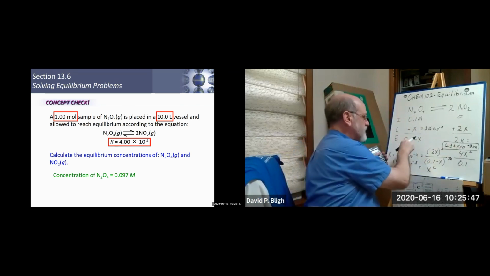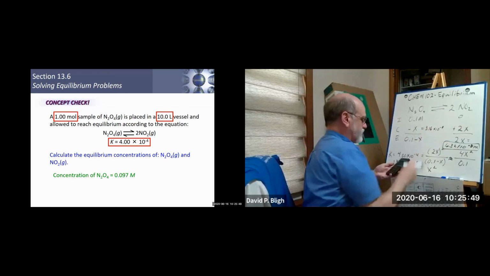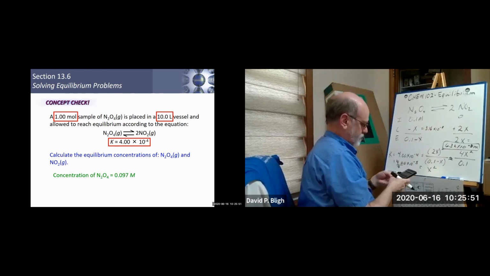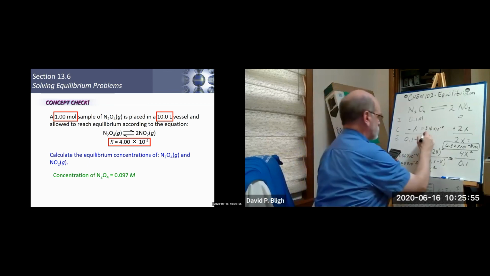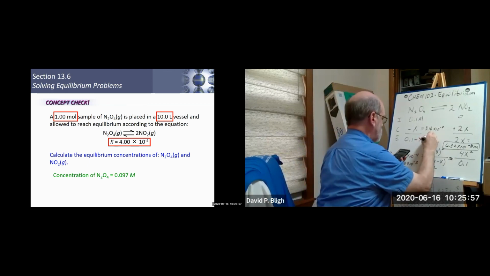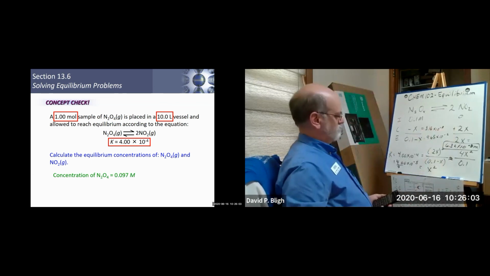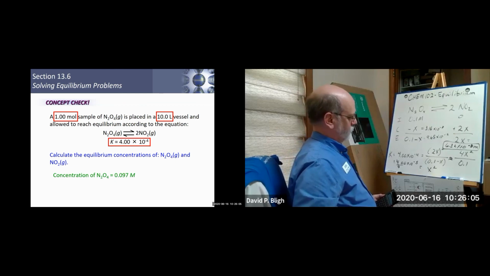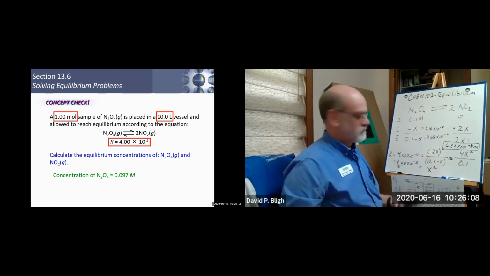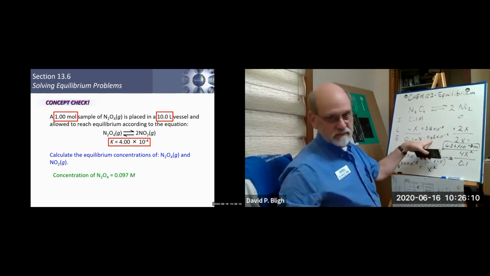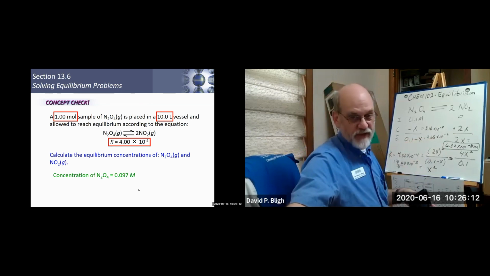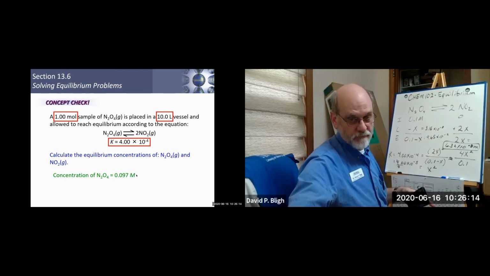So if we take this and subtract that, we get 9.68 times 10 to the minus 2, which is 0.097, this value right here.